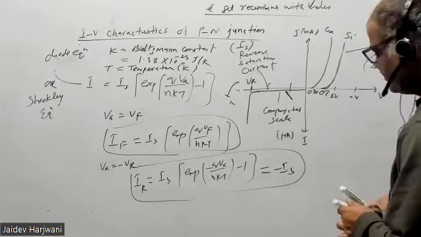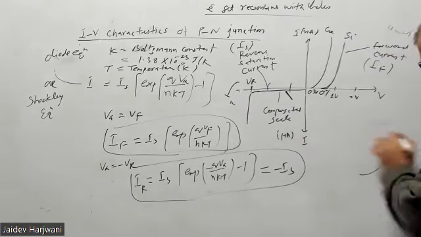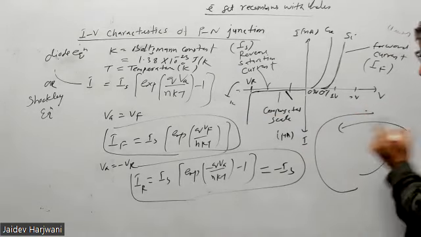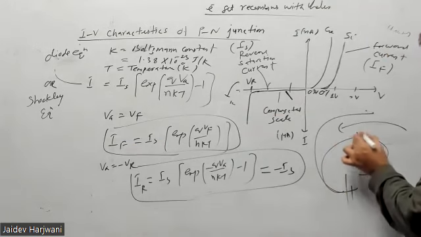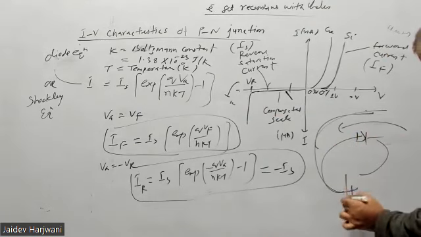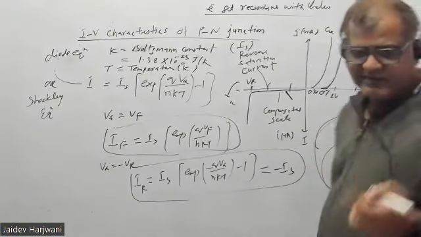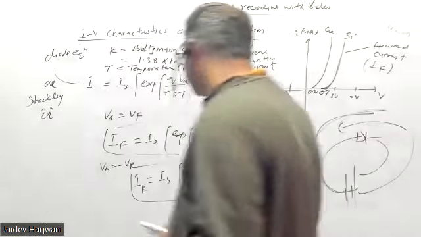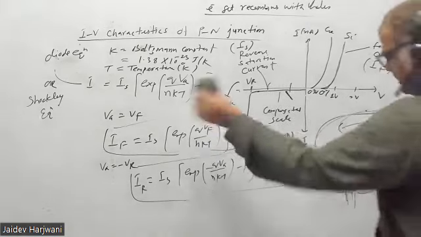The direction means, if you apply voltage like this, current will flow like this; if you apply voltage the other way, current will flow the other way. So at least one current I have to take as different, negative, in the opposite direction. We'll talk about this later.